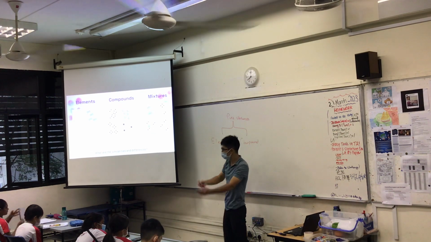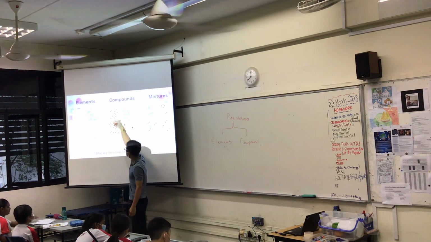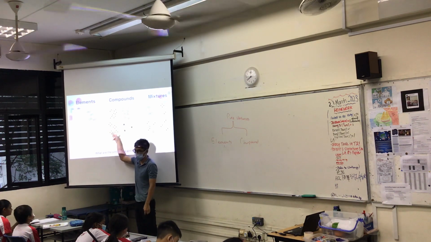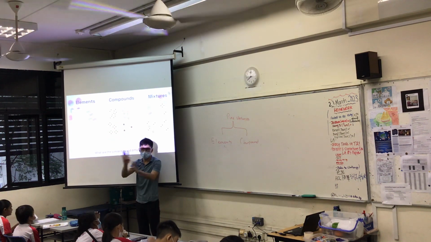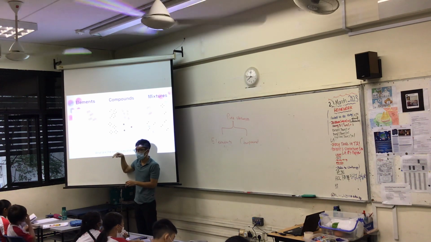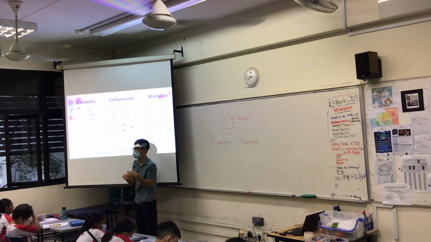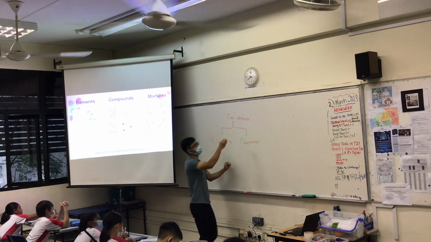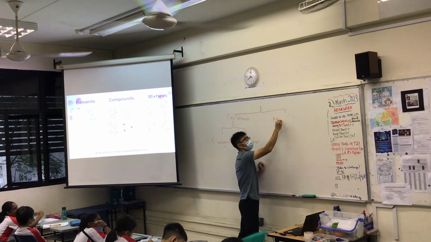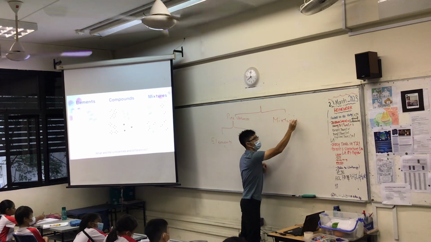Same type. Look at this box of compound. Notice that they are all the same type of compound. It is pure. But the moment I add something different into the mix, it becomes a mixture. So pure substances and mixtures are different branches of things.